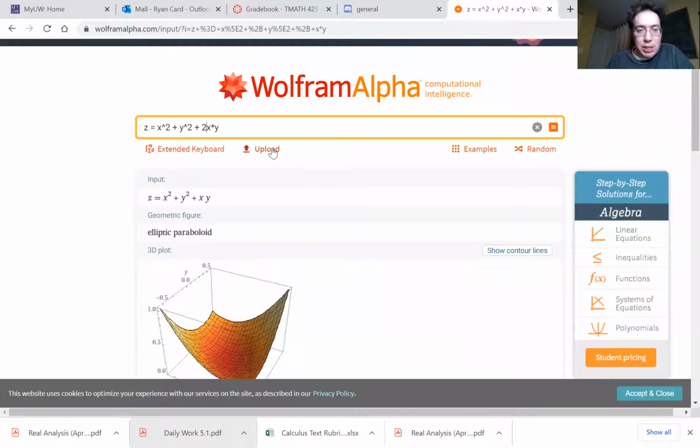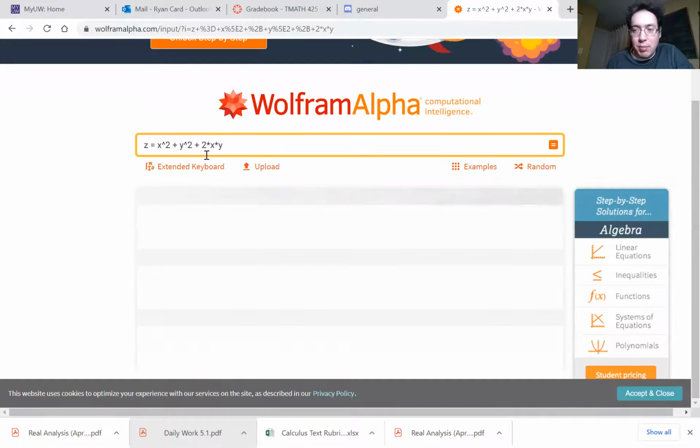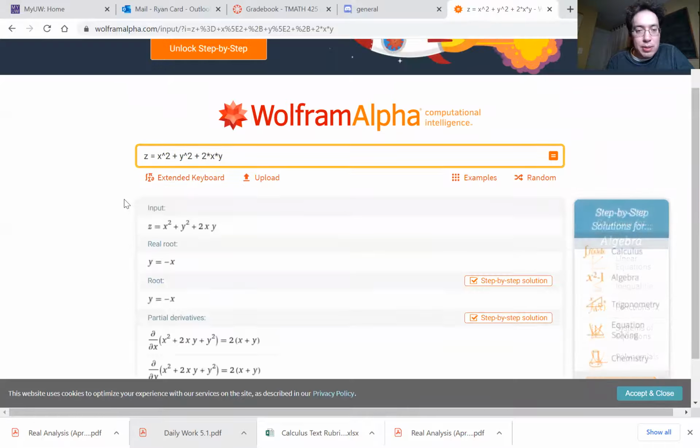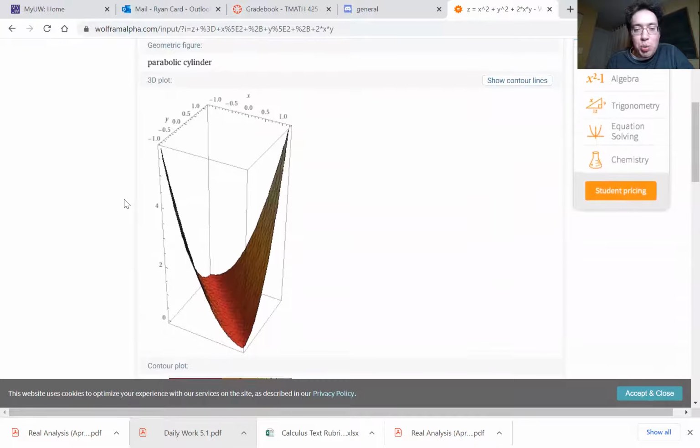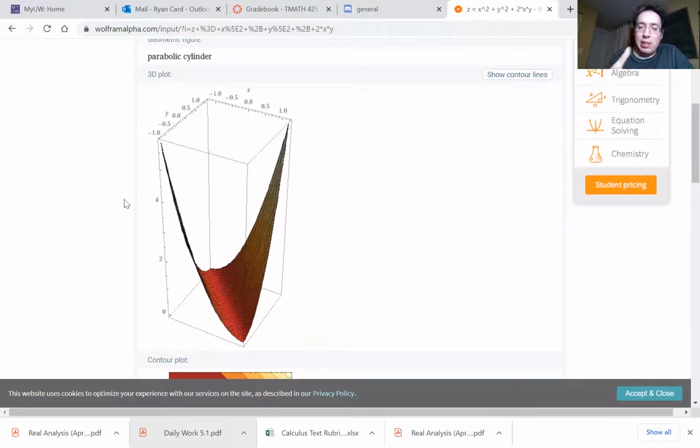So let's twist it a little bit more by multiplying by 2. Here, it's twisted enough where diagonally it's flat.